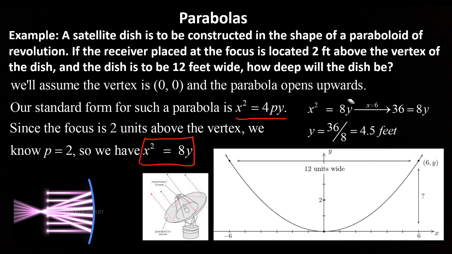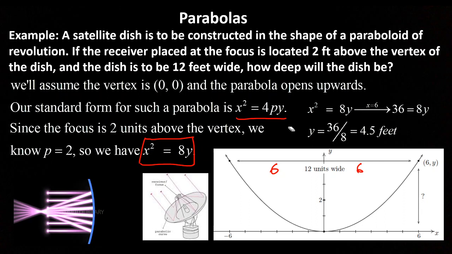Now, if this distance is 12 units, that means what? That means we have to go 6 units to the right and 6 units to the left. So from (0, 0), if you go to the right 6 units, you get to 6 and then -6. So to find how deep the dish has to be, we just put 6 for what?